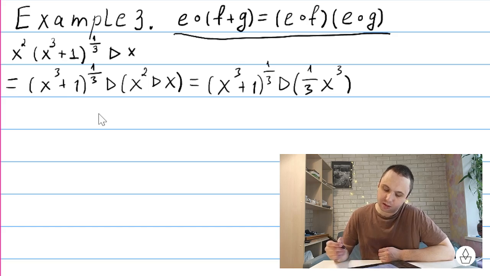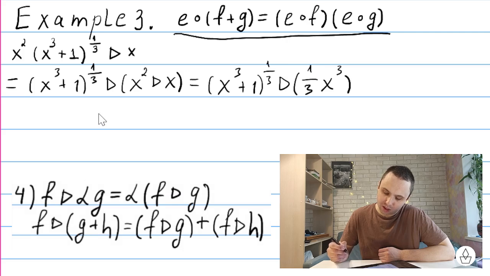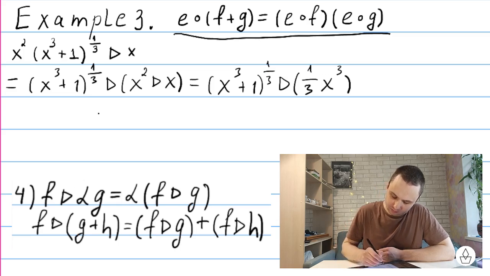We have integrated x squared. Now, let's use linearity with respect to the second argument. First, we can pull out the 1 over 3, and second, due to linearity, we can add plus 1 to the x cubed on the right hand side.